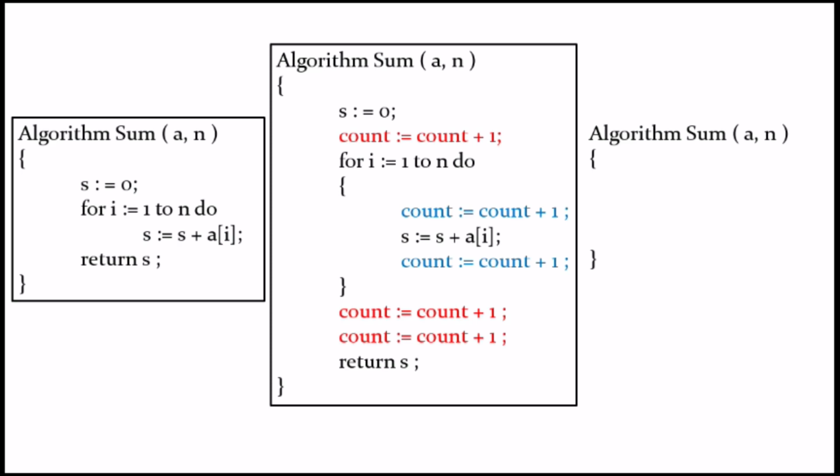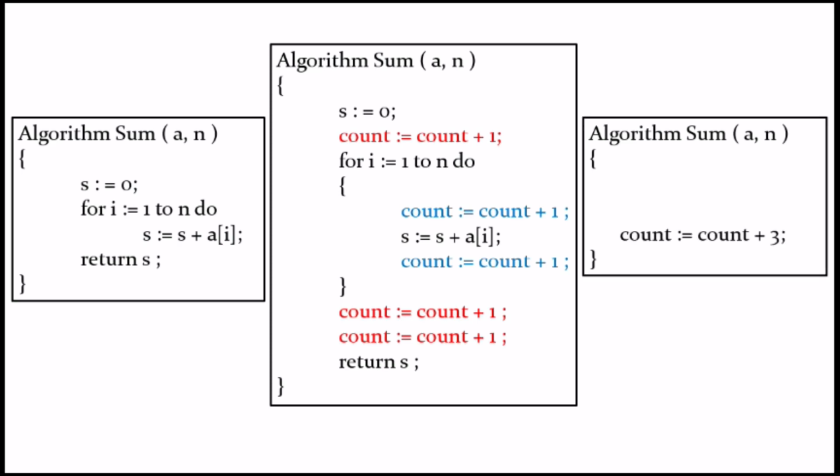Now if you see in the red color, there are 3 count statements, and those count statements are executed only once. So instead of writing 3 separate count statements, we can consider them as a single count, but we are executing 3 times. That means we can write that statement as count plus 3. So in count we are adding 3 steps.